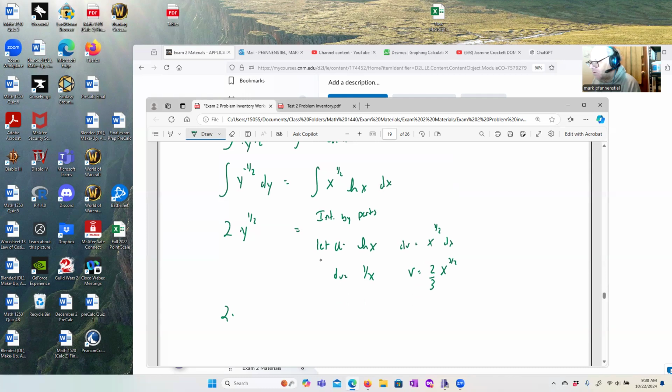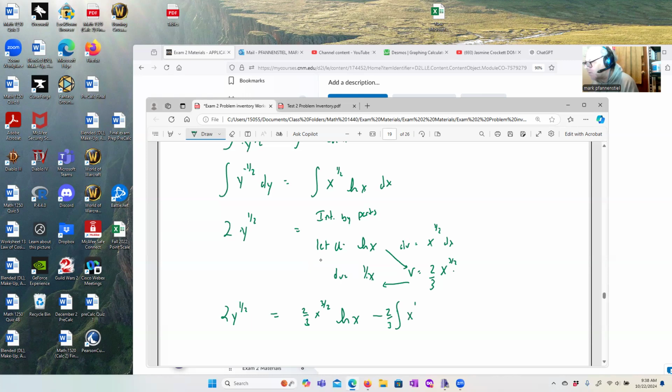So we have 2y to the 1/2 power is equal to, and then typical integration by parts. So we're going to have 2/3 x to the 3/2 times the natural log of x minus the integral of 2/3. And I'm multiplying this 1 over x times x to the 3/2.